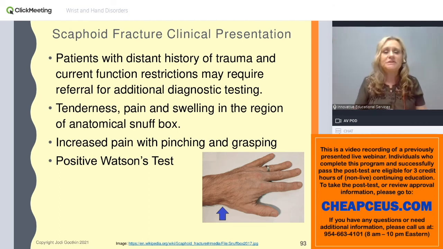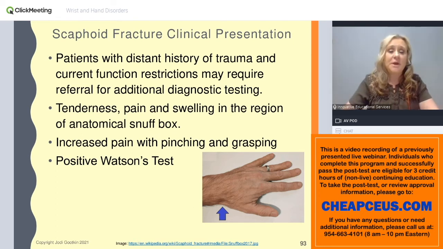The clinical presentation that you're going to look for, if it is a scaphoid fracture, is where there is some type of history of trauma and the individual is continuing to have functional deficits and pain and tenderness in this anatomical snuff box region, where they're just not responsive to interventions that should be showing improvement, and or they're deteriorating in their functional status and having increase in their pain.